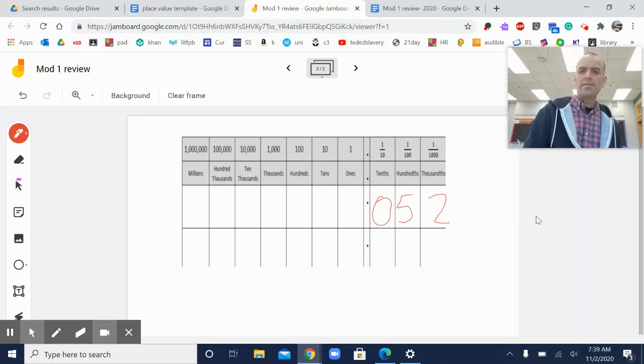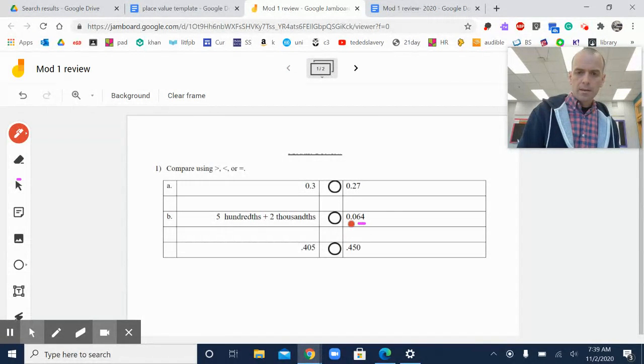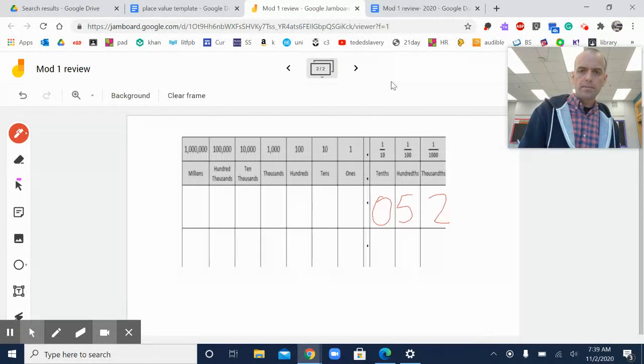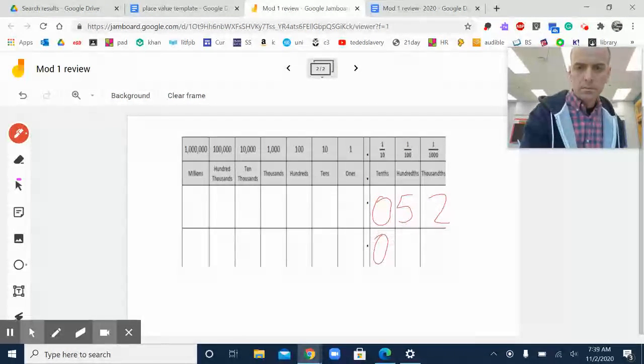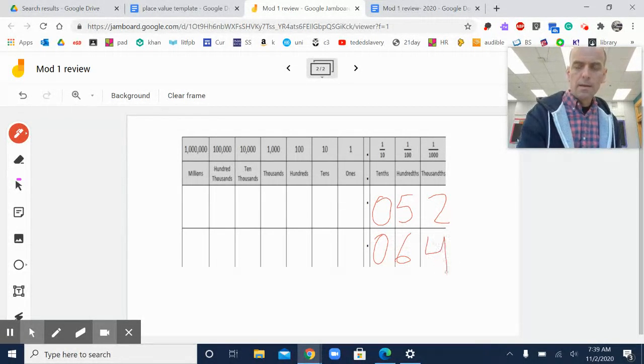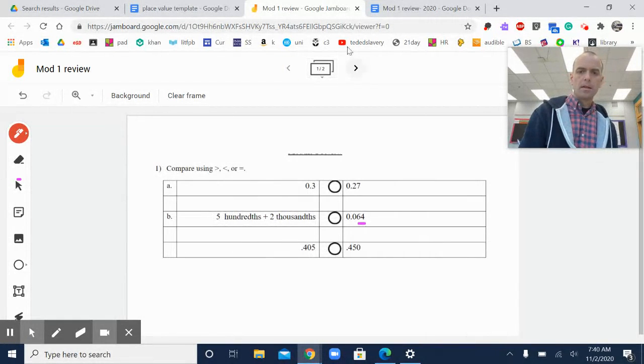Oh, so I can see that's 52 thousandths versus 64 thousandths. And I think you can see which one's bigger. One number has 500ths, the other number has 600ths. That's it. That's how you compare them. So then you put your sign here. Okay? Next one.